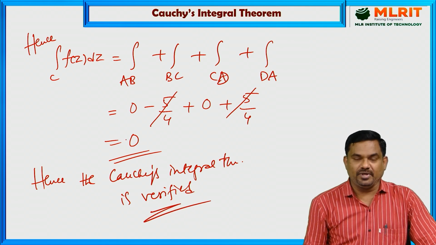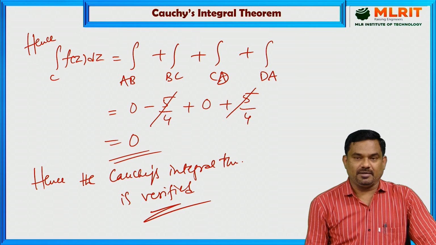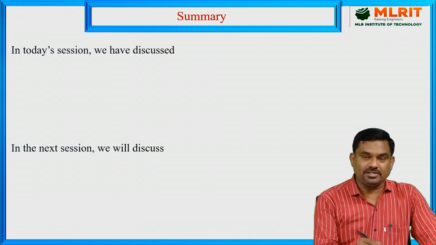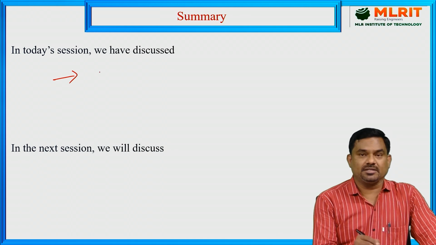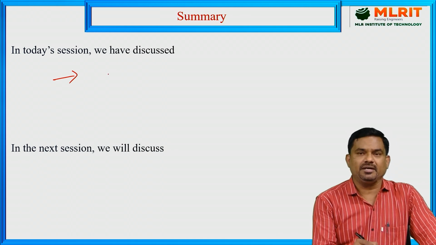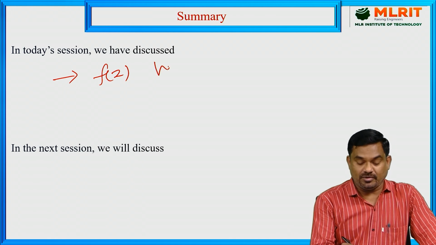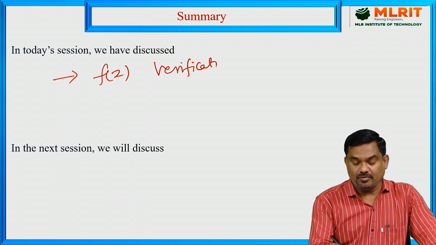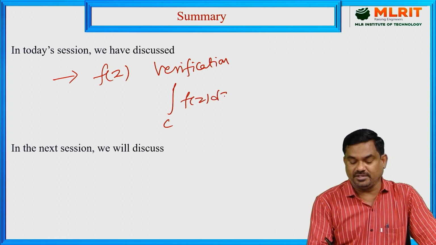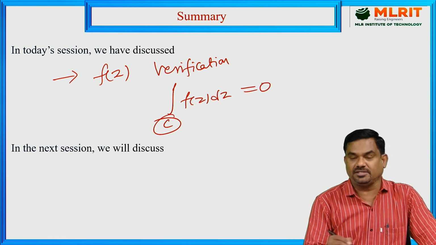So like this we verify the theorem by finding the line integral along the curve. In today's session, we have discussed the procedure of verifying the Cauchy's integral theorem for the given function f of z. So the verification means we need to prove that the line integral of the given function f of z dz along the given curve C is 0.